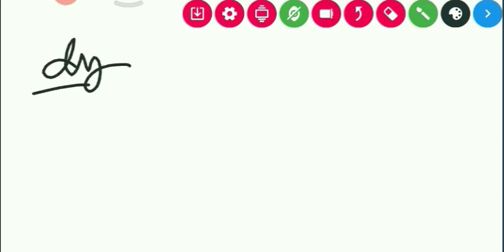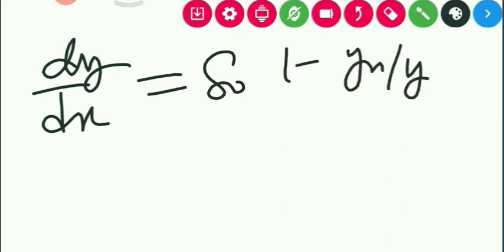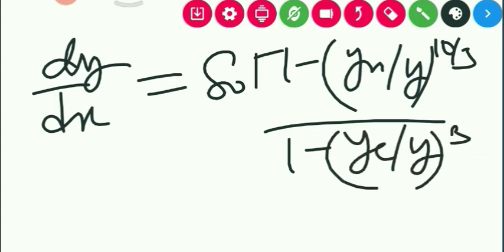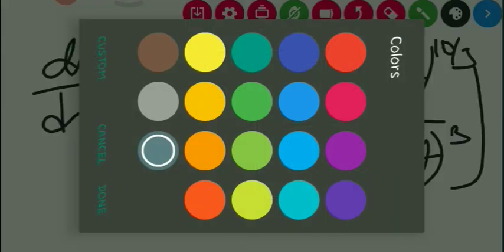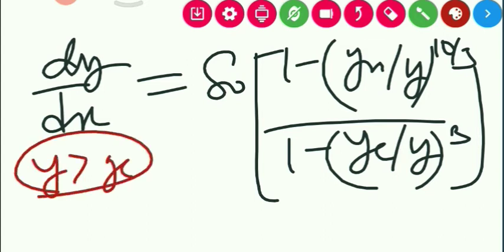Okay, so let's see the case over here. We have dy by dx equal to S0 times 1 minus yn upon y to the power 10 by 3, and 1 minus yc upon y to the power 3. Okay, so for zone 1 we have y greater than yc and yn.